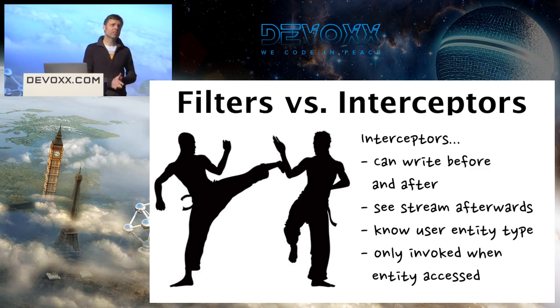One very important thing is that the interceptor is seeing the user object type. So while in a filter the entity type is just object, in an interceptor you know the type that has been provided to the message body writer or message body reader writeTo or readFrom method.